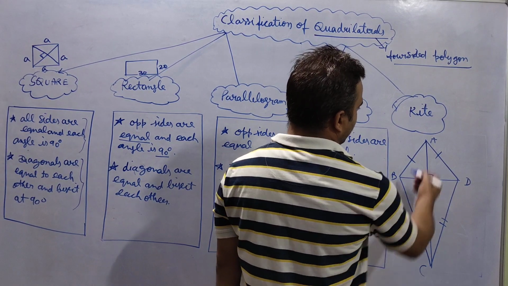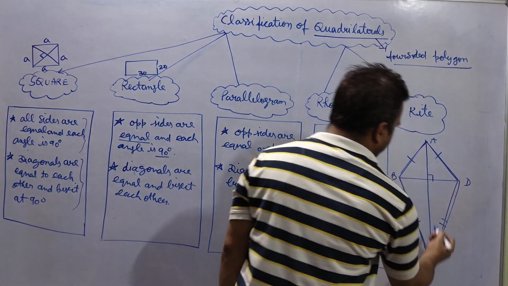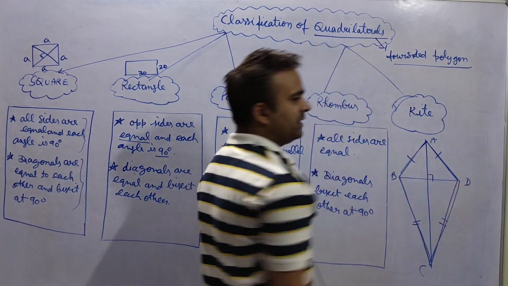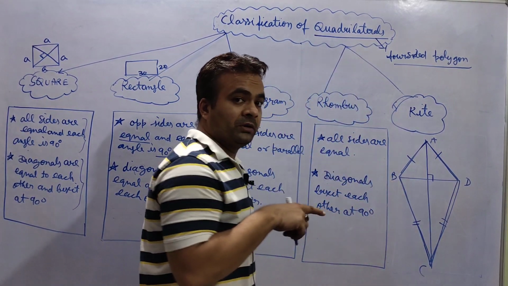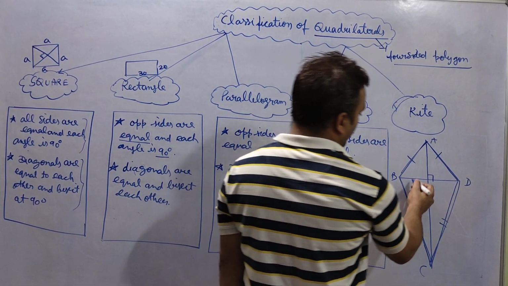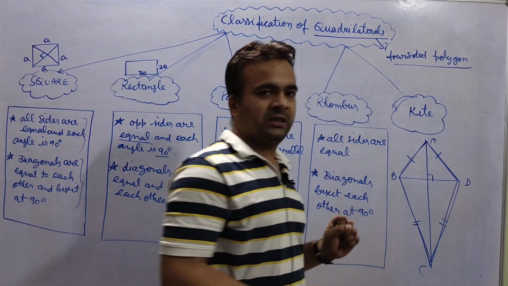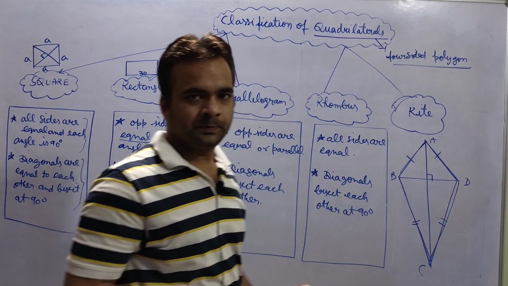So we say that one pair of adjacent sides is equal and the diagonals are meeting at 90 degrees. They are not bisecting each other, but one diagonal is bisected by the other. This bigger one is not bisected, but this smaller one is bisected by the bigger one.